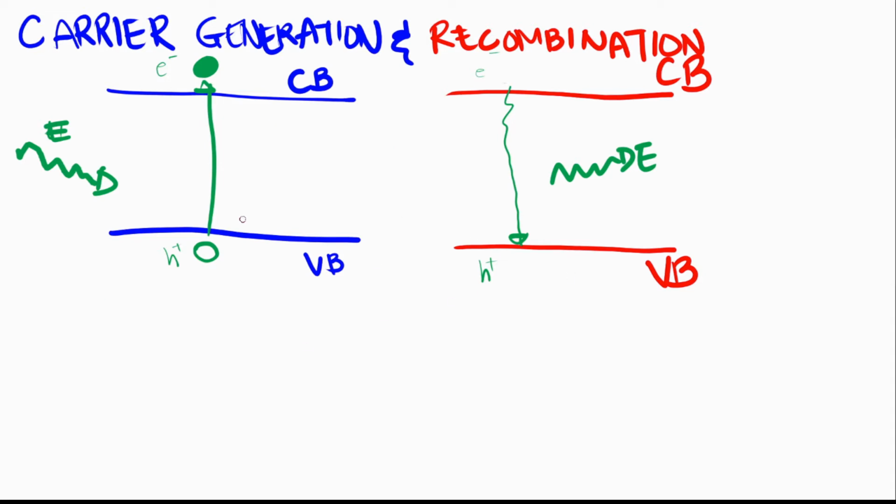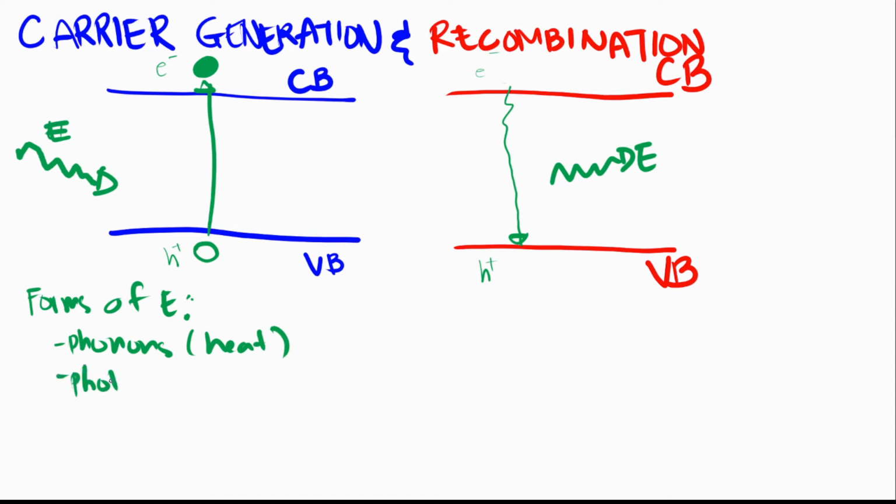So first, let's tackle carrier generation. Hopefully, carrier generation and recombination are clear to you now. For carrier generation, excess carriers can exist in our semiconductor when it's not in its equilibrium state. Excess carriers can be produced as a result of the addition of excess energy into our semiconductor. The forms of energy, possible but not limited to these, are phonons, which is heat, and photons, which is light.